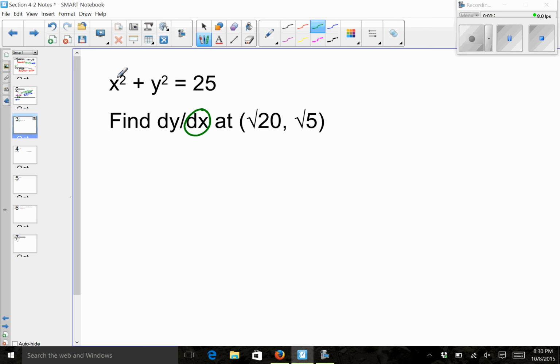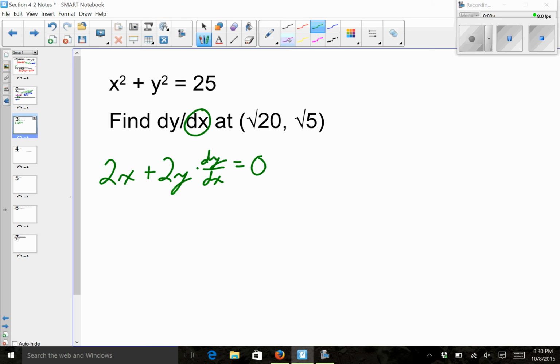So when I start taking my derivatives, the derivative of x squared is 2x. I do not need to use the chain rule on it, plus the derivative of y squared, which is 2y, but I need the chain rule, so times dy/dx, which I don't know yet, and then the derivative of 25 is 0.